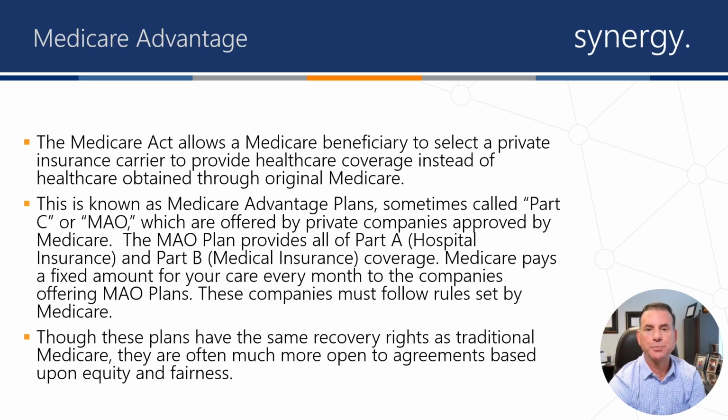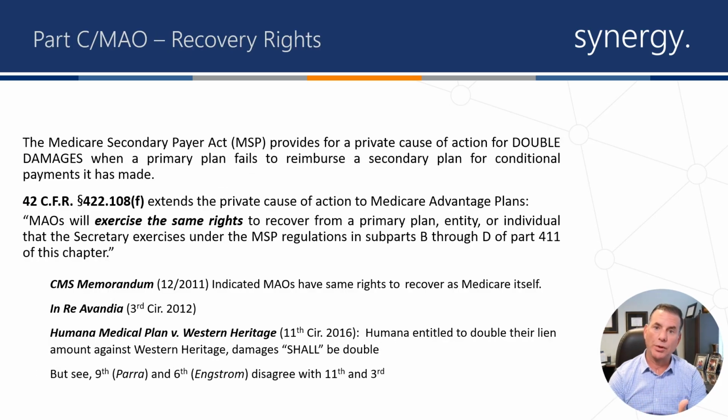So the reason why it's important that MAOs have the same rights as a Medicare Secondary Payer conditional payment obligation is because of the double damages provision in the Medicare Secondary Payer Act.